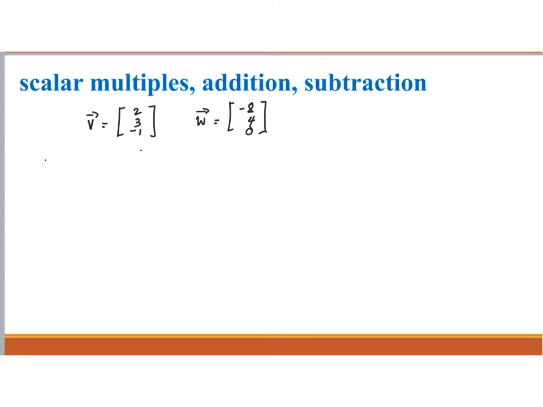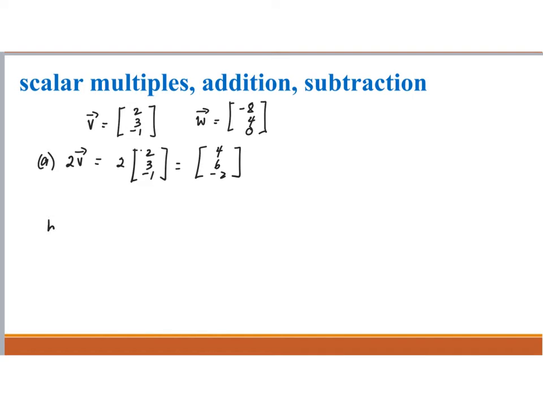Let's find 2v. Just like with 2D vectors, that would be 2 times (2, 3, -1). So the result will be to multiply each component by the scalar, so that will be 4, 6, -2.